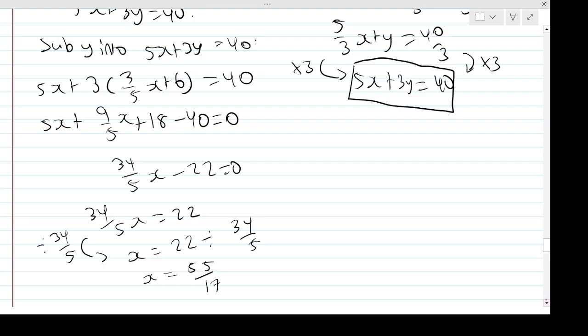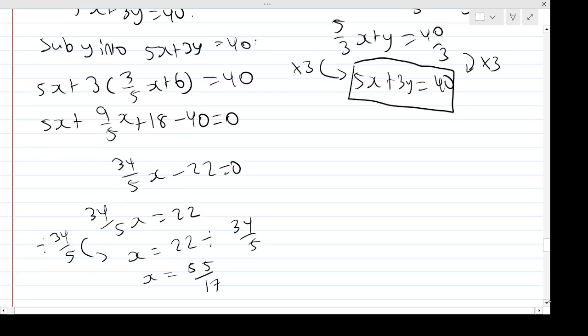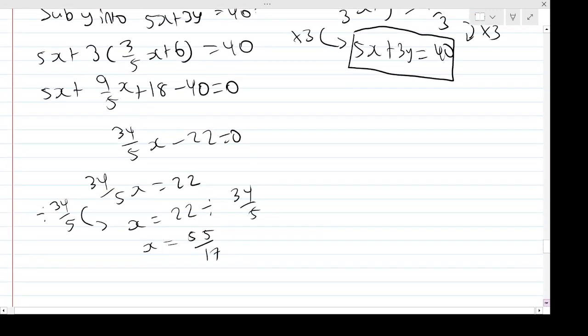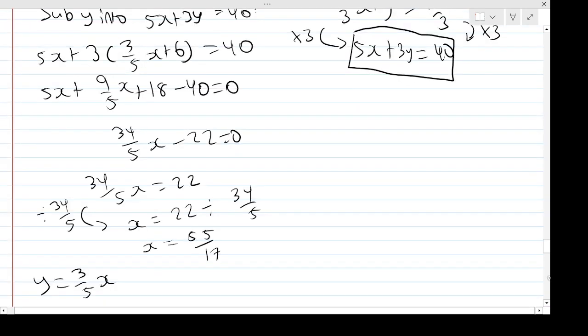There we are, so that's my x value, but then I need the y value, so I need to substitute that x value into an equation again. Let's substitute it into this one. This is the nicest one. So y is 3 over 5x plus 6, and that's going to equal 3 over 5 of x, which is 55 over 17, plus 6.